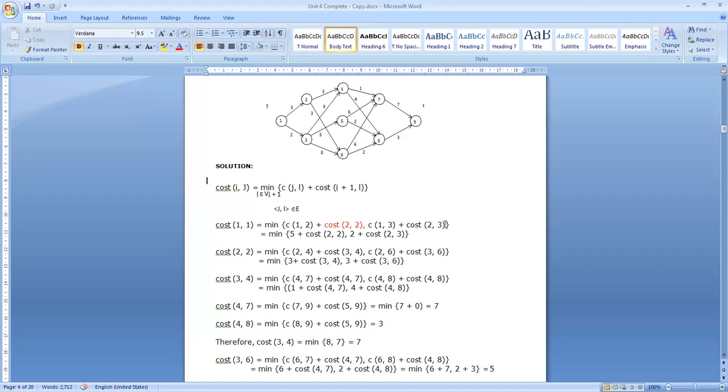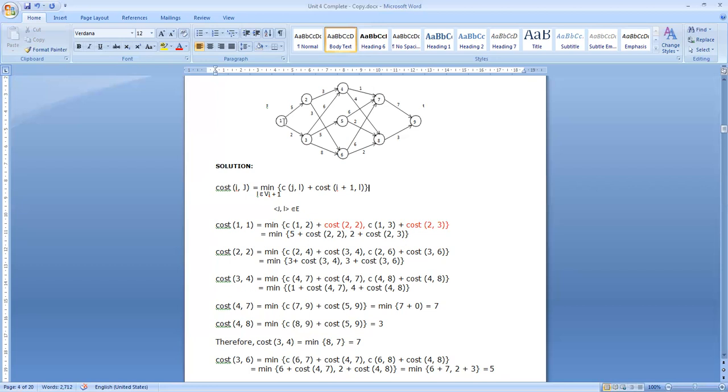This you have to compute. If you could compute these two values and supply them here, then C(1, 2) is available in the graph itself, and C(1, 3) is available in the graph itself. You put them here.